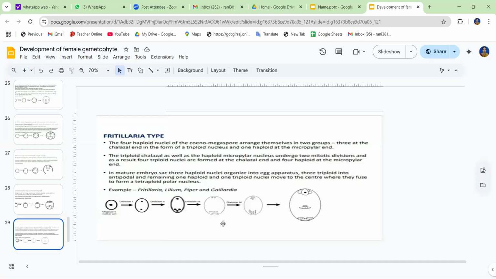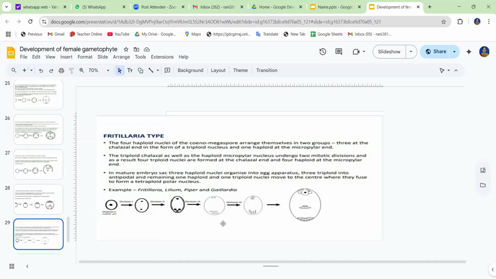In the mature embryo sac, 3 haploid nuclei organize into the egg apparatus, 3 triploid into antipodals, and the remaining 1 haploid and 1 triploid nuclei move to the center where they fuse to form a tetraploid polar nucleus. So for example, fritillaria, lilium, piper, and gaillardia.